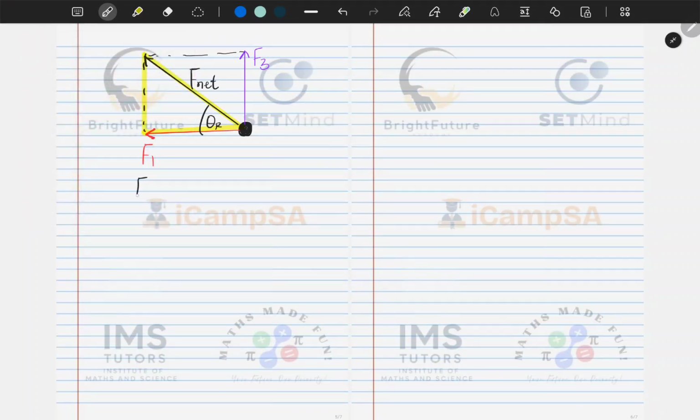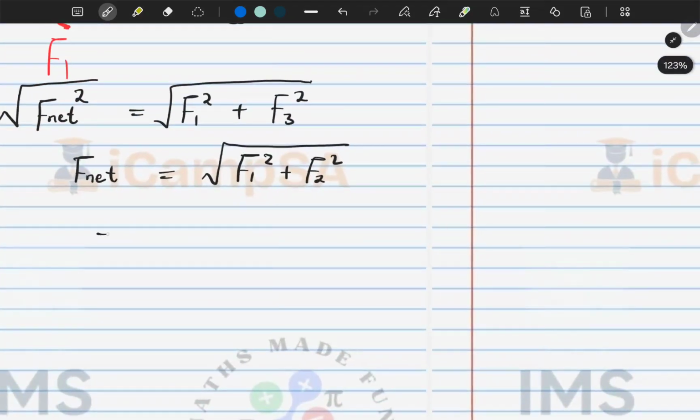So we can say F net is essentially, according to Pythagoras theorem, F net squared is F1 squared plus F3 squared. Obviously, we have to take the square root so that we find F net. So F net, or the net force, is the square root of F1 squared plus F3 squared.